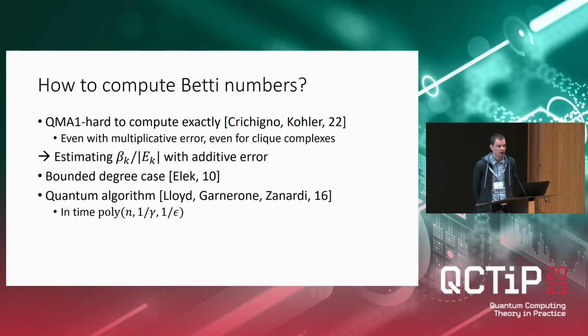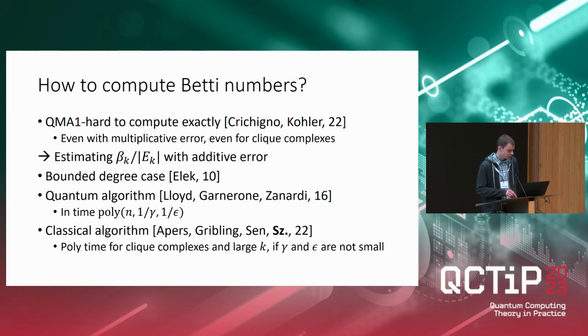So here, many people thought that there could be an exponential quantum advantage for this problem, because they give a polynomial algorithm, but at that time, classical algorithms were typically running in time exponential in k, the dimension, like which Betti number we want to look at.